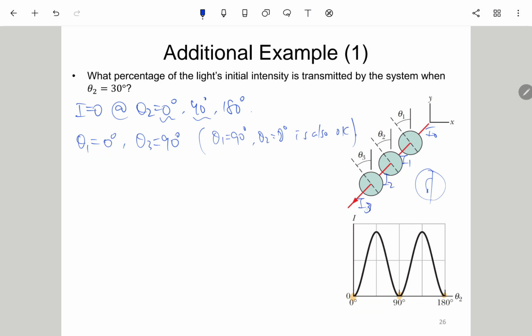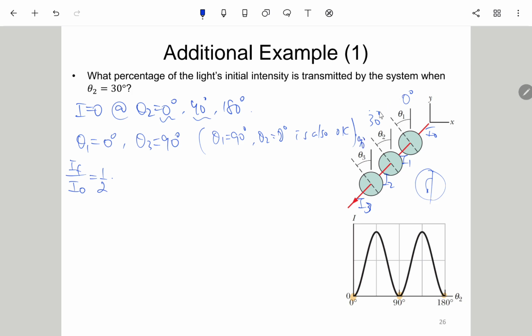What is I3 when theta 2 is 30 degrees? I3 over I0 will be, at the beginning it is unpolarized, so the first factor is 1/2, and then times: the first one is 0 degrees, this one is 30 degrees, this one is 90 degrees.